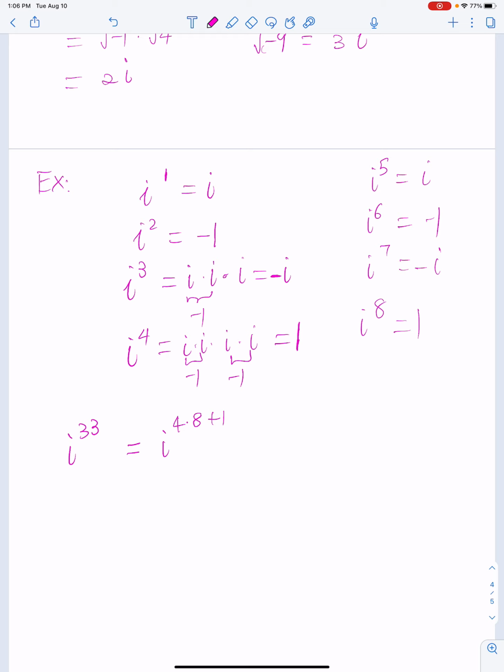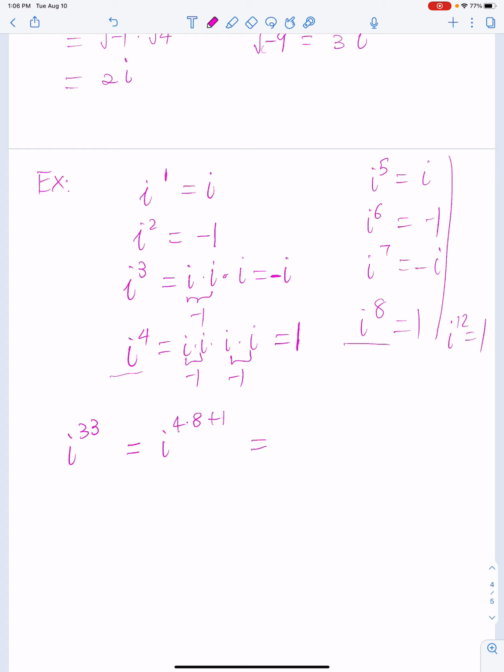Are you with me? If it's a multiple of 4, i to the 4 is 1, i to the 8 is 1. And similarly, what do we guess? i to the 12 is also 1. So if it's a multiple of 4, it's always 1.